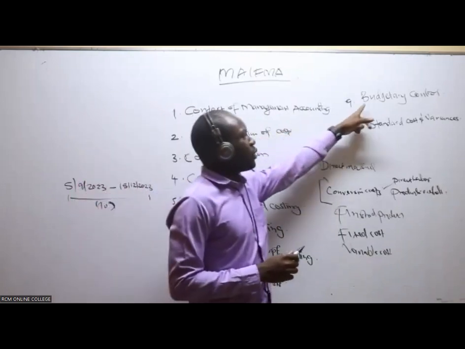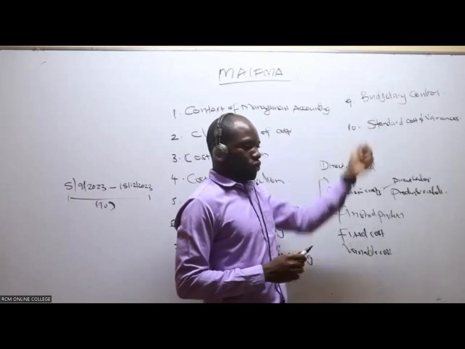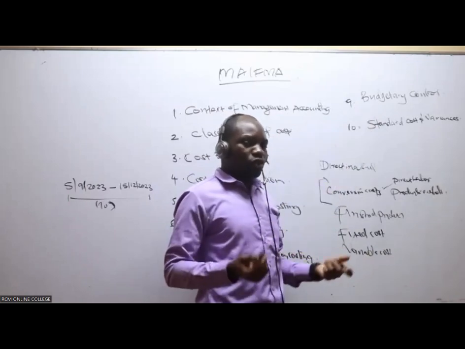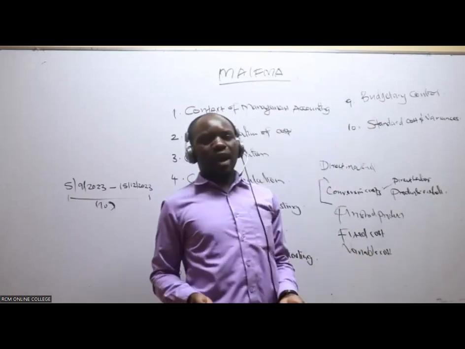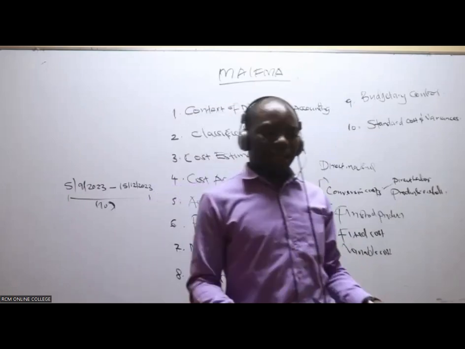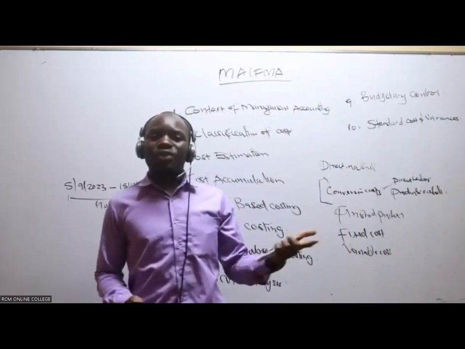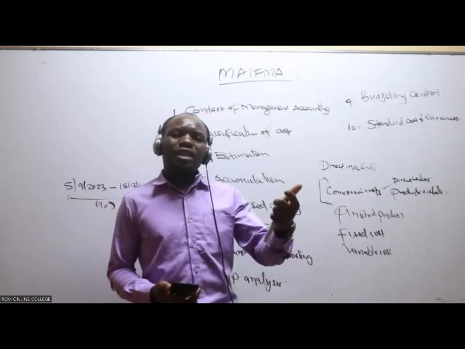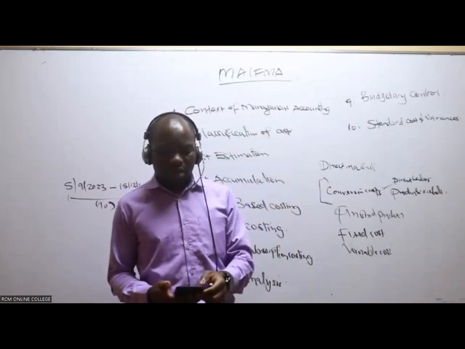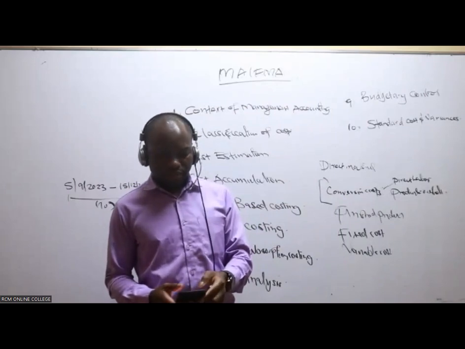When I come to topic number 9, budgetary control, I want to produce, or I know how the market is. So I know that the annual demand of goods in a particular market is 10,000 units.